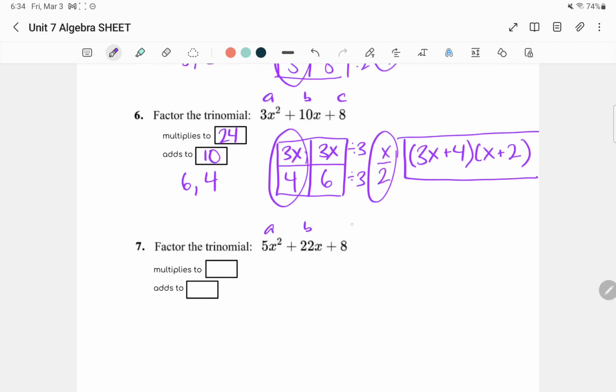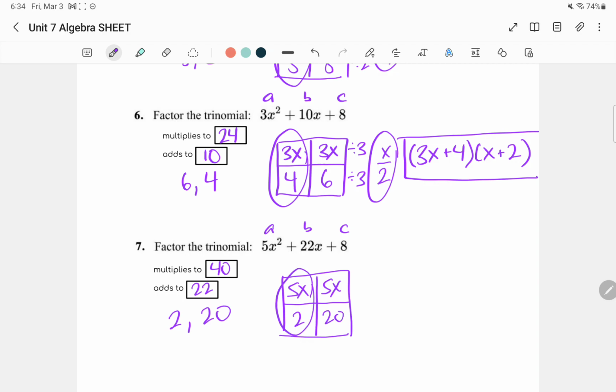So we're going to figure out what multiplies to 40. 5 times 8 is 40. And what adds to 22. And that's going to be 2 and 20. So we got our 5x at the top. We got our 2 and our 20 on the bottom. We're going to divide this by 5.